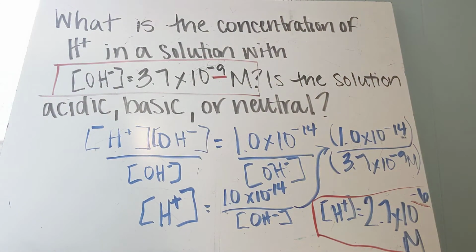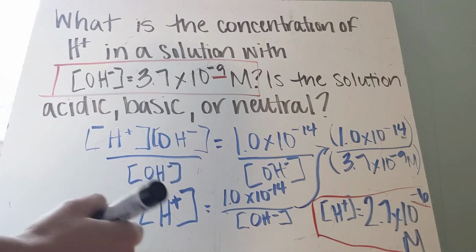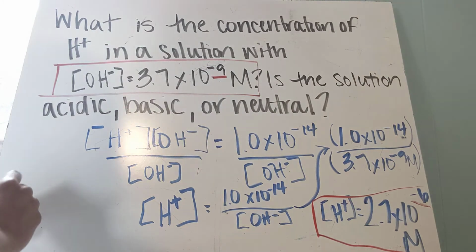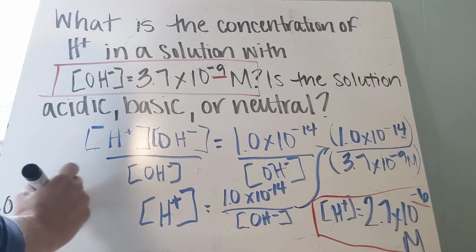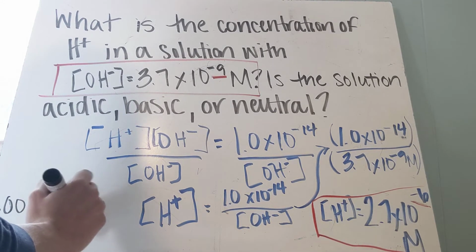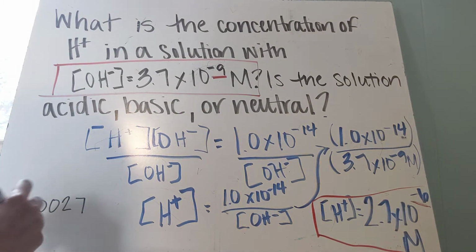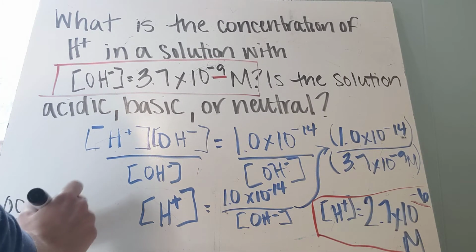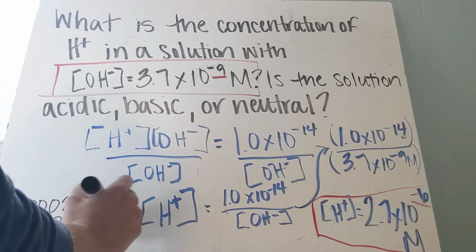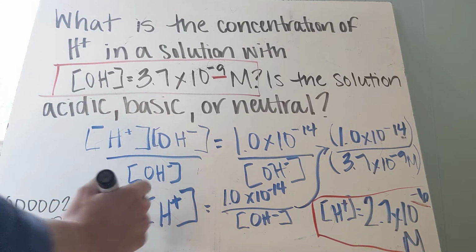So let me remind you of why that is. If I do 2.7 times 10 to the negative 6th, I'm going to have 5 zeros, and then my 2.7. Whereas if I have 3.7 times 10 to the negative 9th, that number would have 8 zeros, then 3, 7.